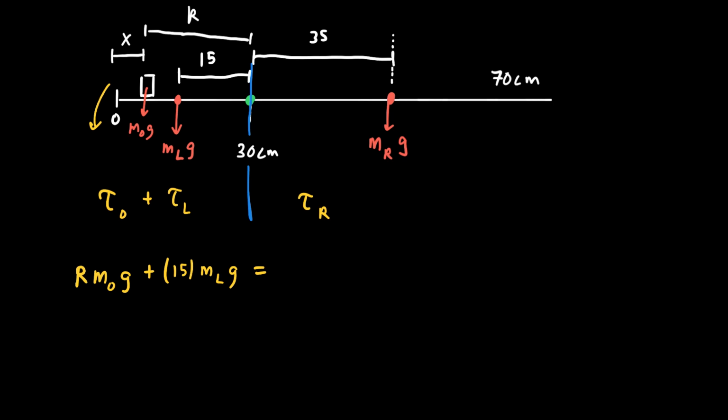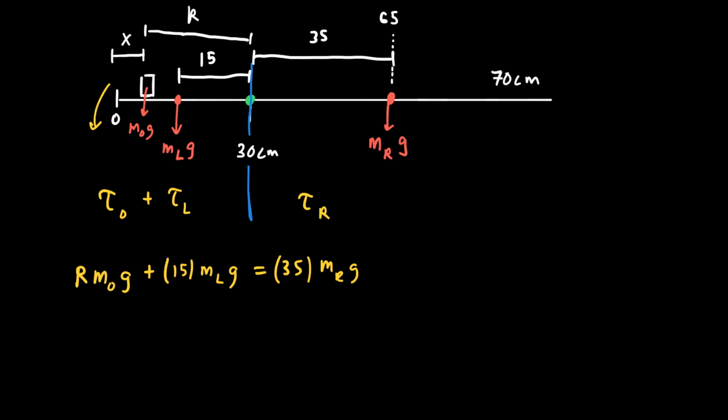Well, it would be that 35 that I've just drawn in plus the 30 on the left. So altogether, if you were looking at the meter stick, that would be the 65 centimeter line. The torque, though, depends on the distance from the center of mass of that right piece to the axis of rotation, which is just 35. So 35 times, for now, the mass of the right side times g.